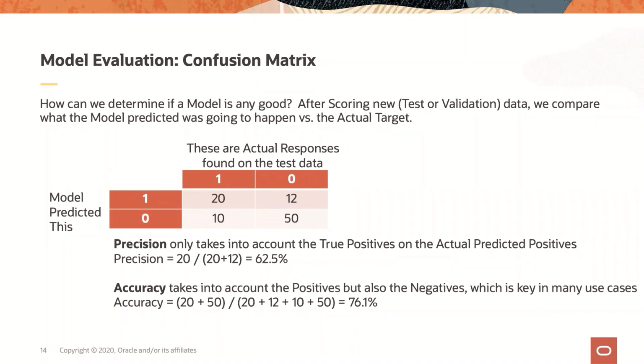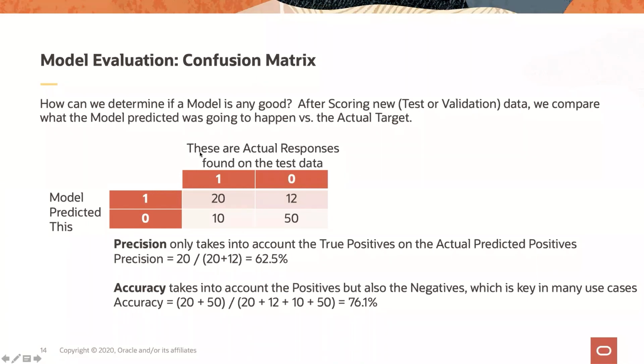When you look at something like this, and these will come in many forms, okay? You will see actuals on the top and predicted on the side, or the other way around, or different zeros and ones in different positions. That is normal, right? But that doesn't change. The numbers are the same.